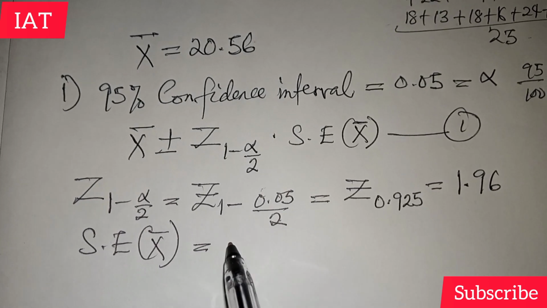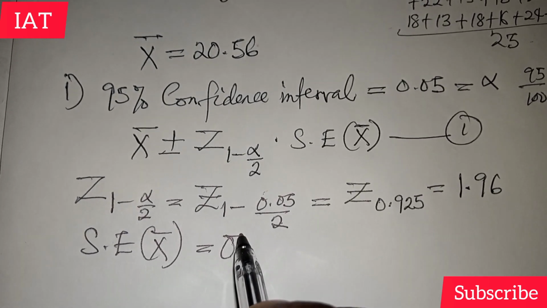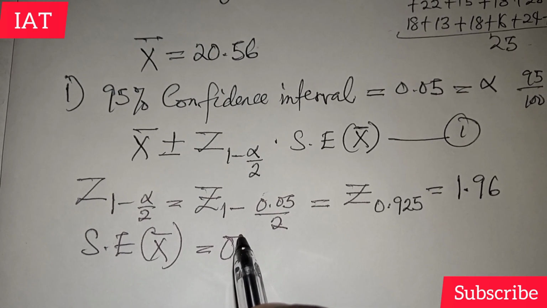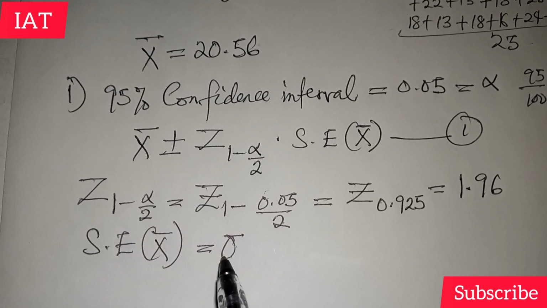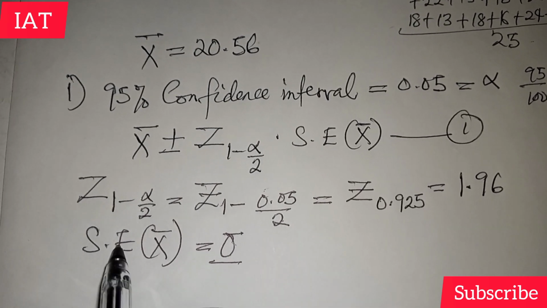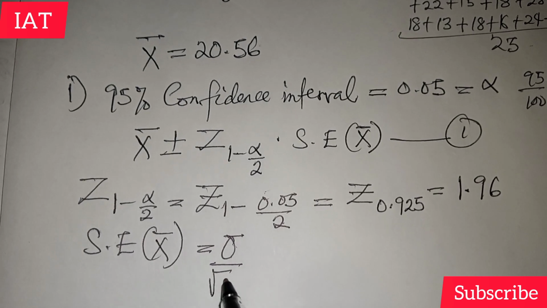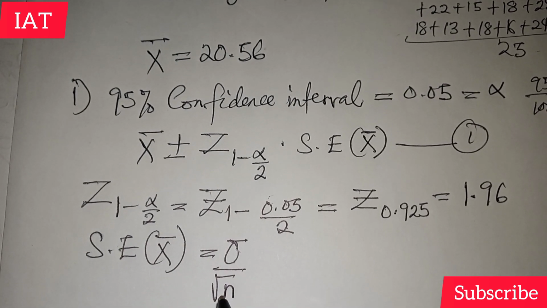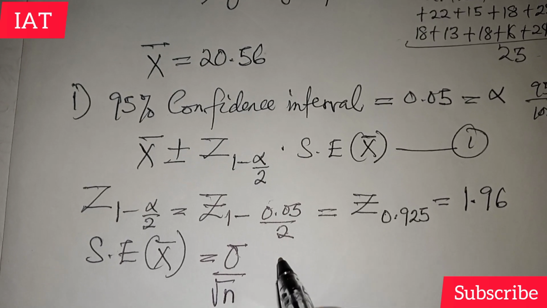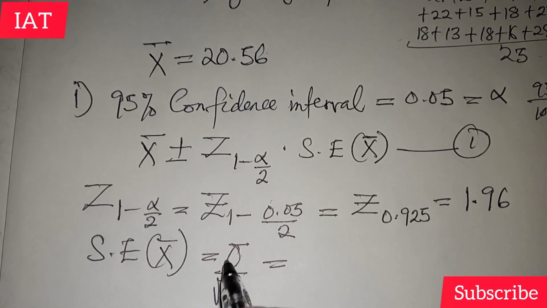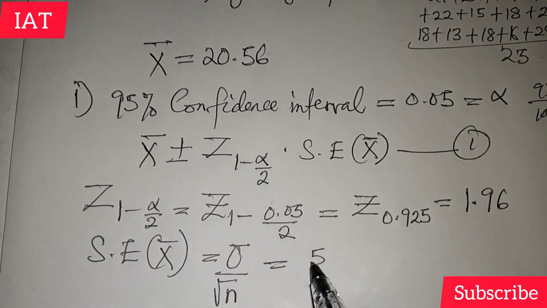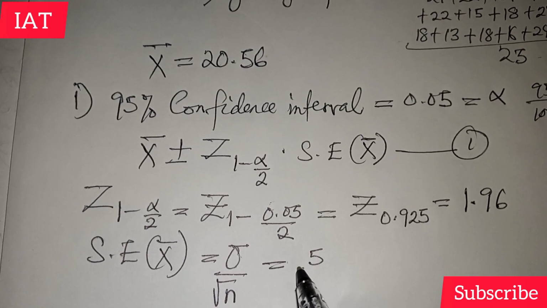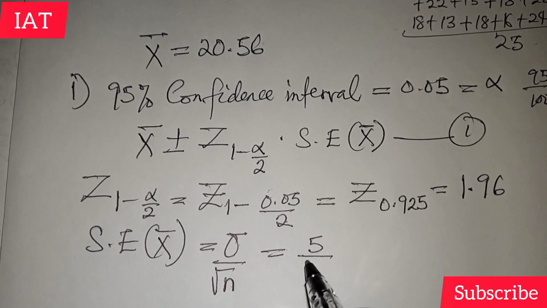SE is equal to the population standard deviation over the square root of n. And what is this n? We've already defined this to be the sample size, and we know it already. The standard deviation is 5 from the given question, and the sample size is 25.